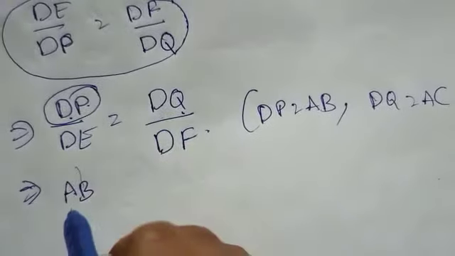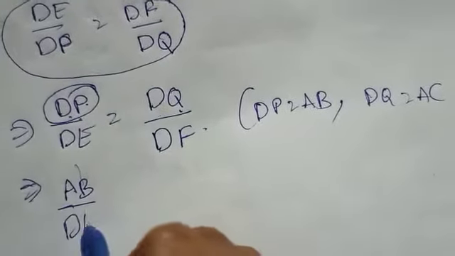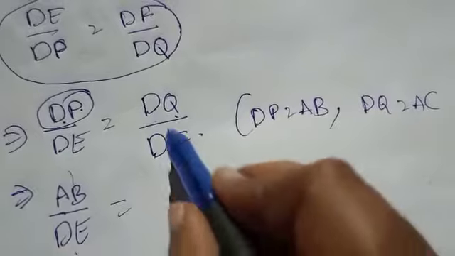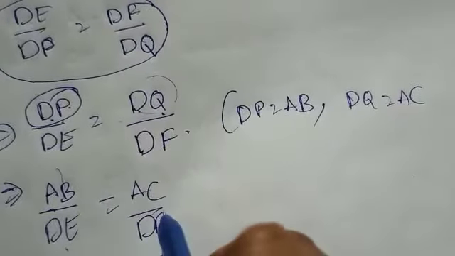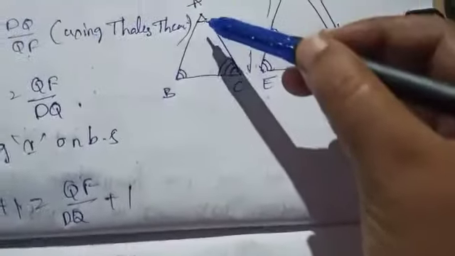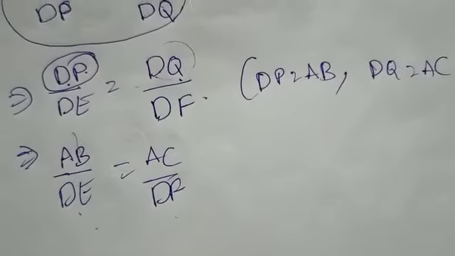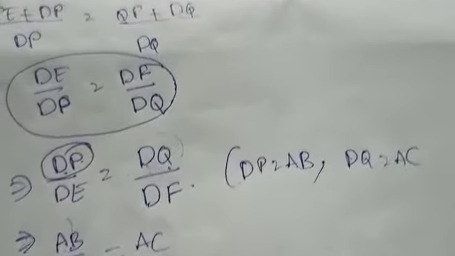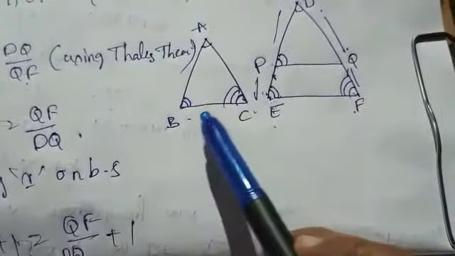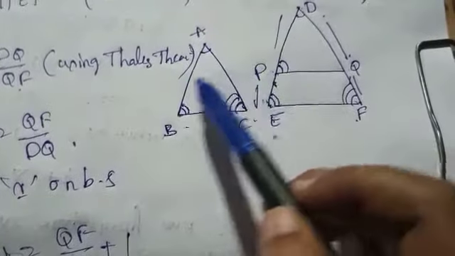In place of DP we write AB, so AB by DE, which is equal to, in place of DQ we write AC, so AC by DF. See, AB by DE equals AC by DF. These are the corresponding sides ratio. Here these two triangles' corresponding sides ratios are equal.